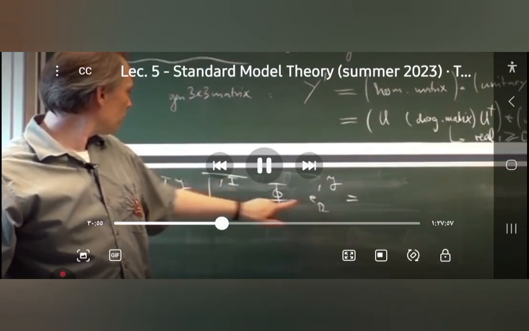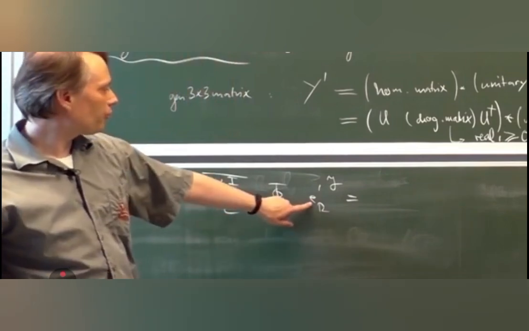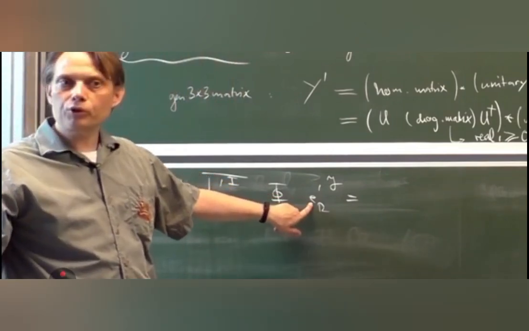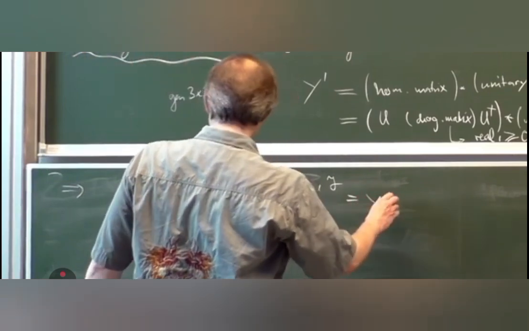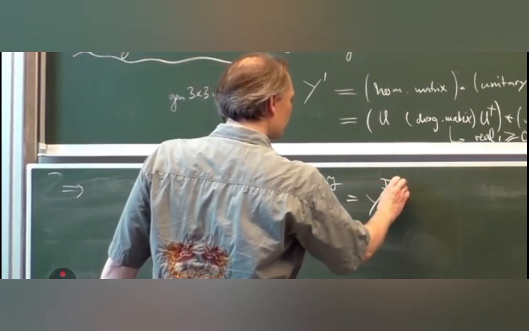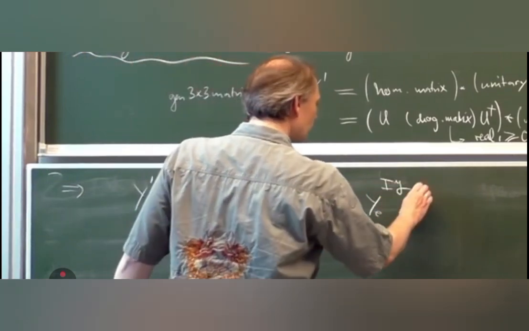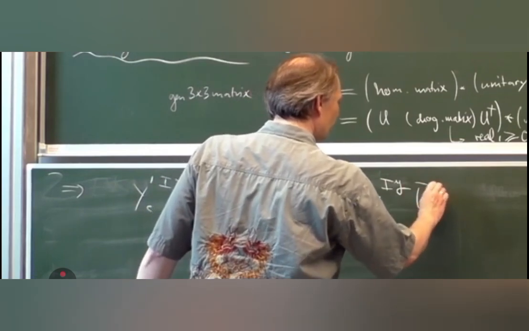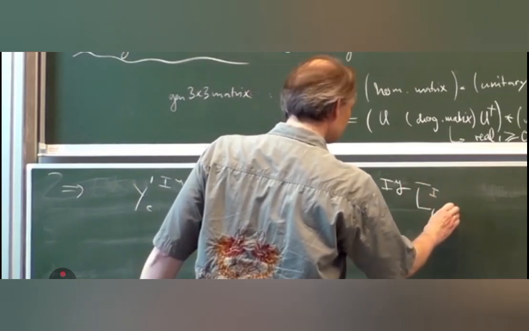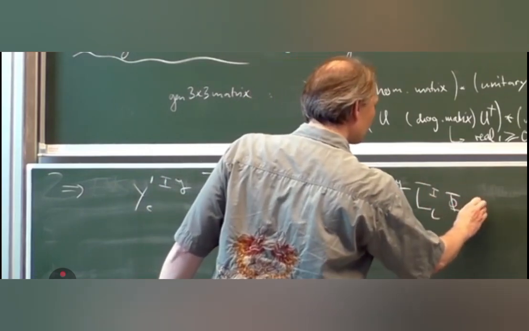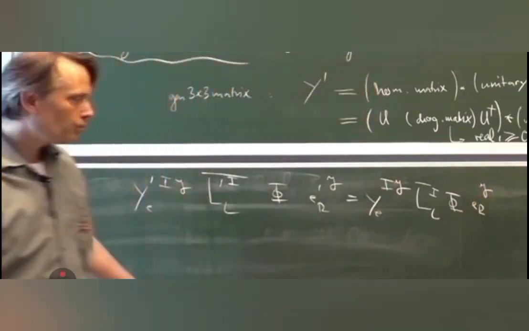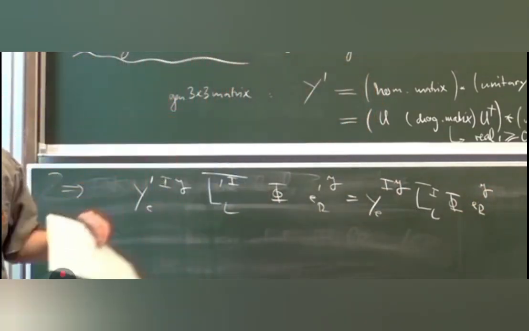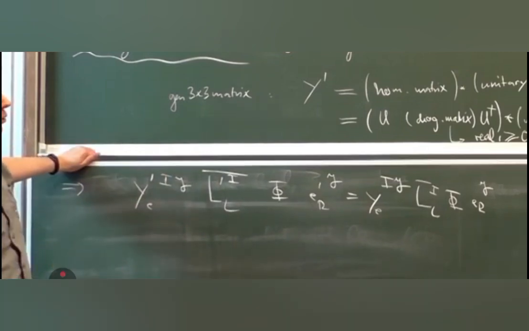And V times E prime becomes E without prime. So then the whole thing is equal to the Yukawa matrix without prime times L bar i without prime times phi times ER j without prime. So that is now an equality in view of the definitions that I proposed.